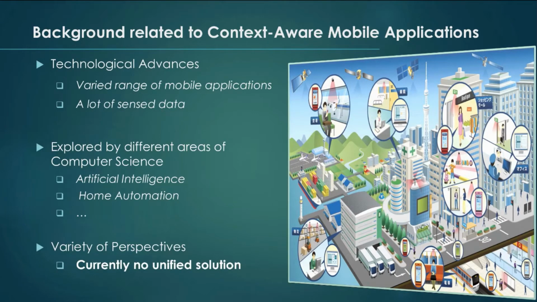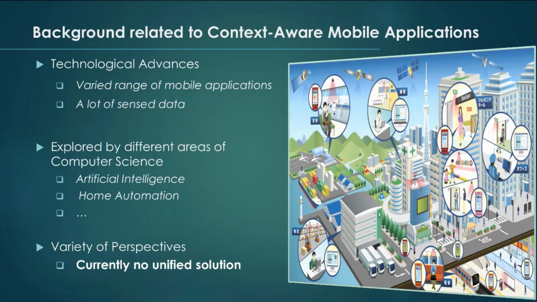But today, there's no unified solution. There's still no consensus on how to classify the context or which characteristics should be considered relevant in the development. Therefore, there's currently no unified solution for this kind of application.